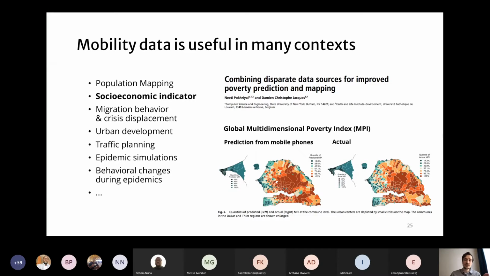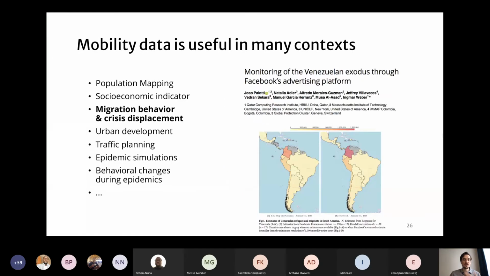So this is one usage of mobility data, mainly as a local indicator, as a local variable that you can measure and combine with other measurements. You can also, of course, look at mobility itself, so the movements of people between locations. For example, this is done to study migration behavior or crisis displacement, so movements after natural disasters or wars or floods or hurricanes.